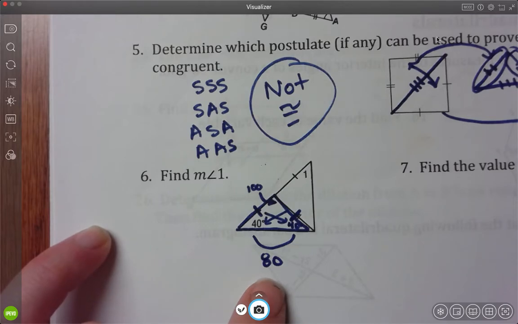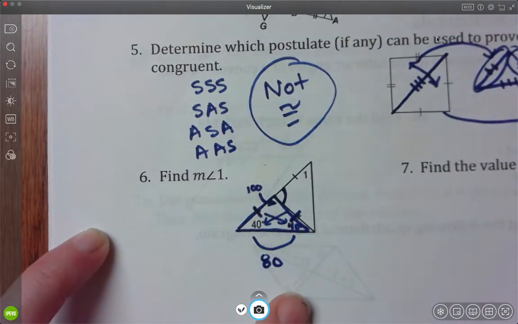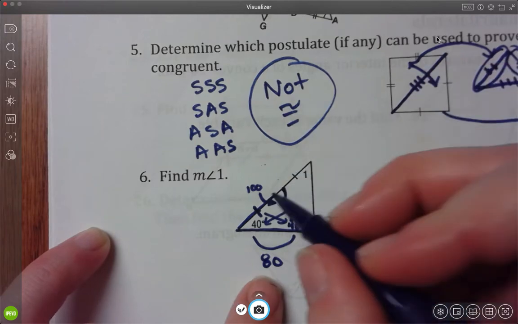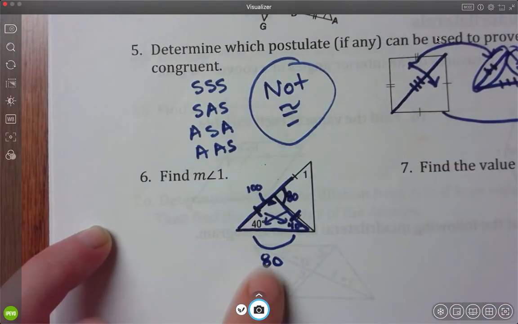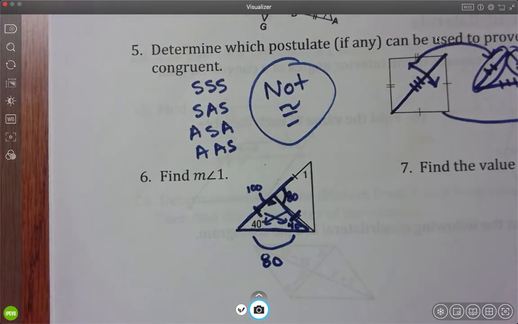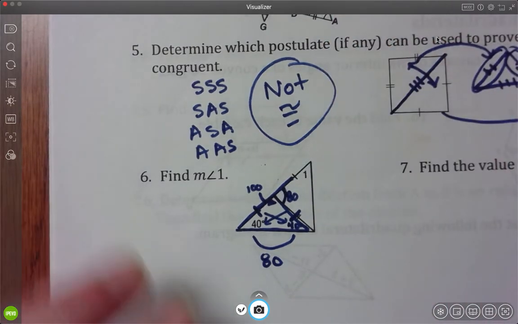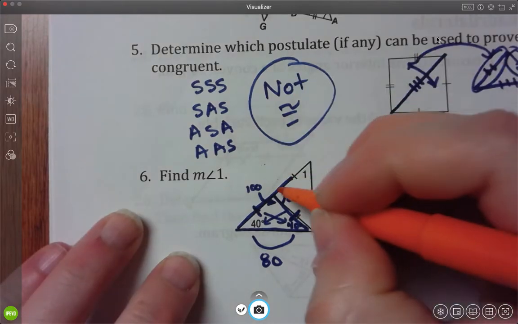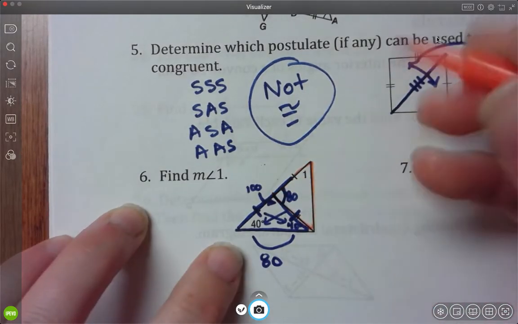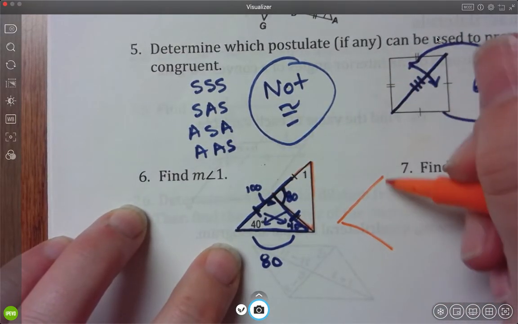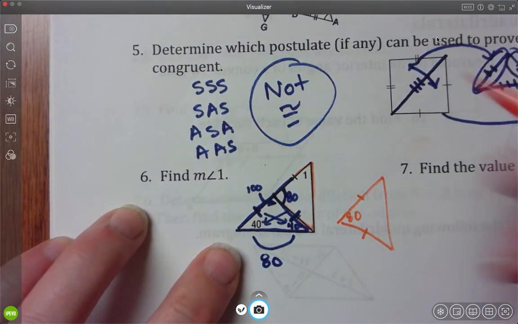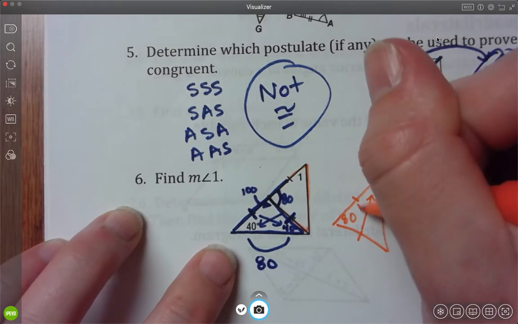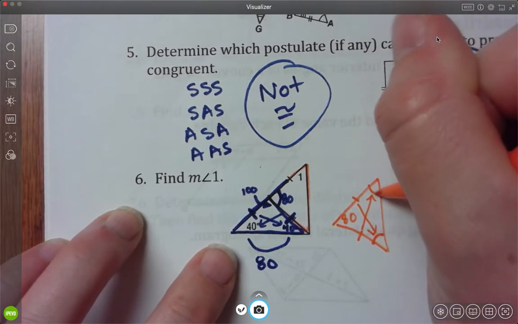Now, what will this angle right here be? Well, they live on a straight line, so this guy would have to be 80 degrees also, right? Now I'm looking at this triangle here, and if I rewrite it, I have that this is 80, and these two sides are congruent to each other, which means that these two angles have to be congruent with each other.